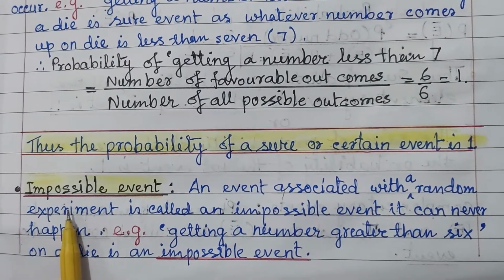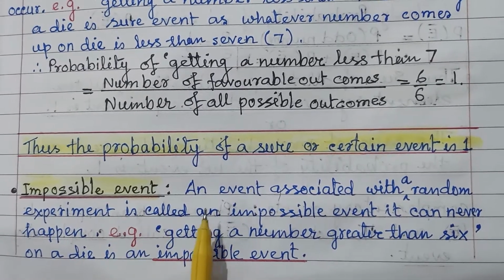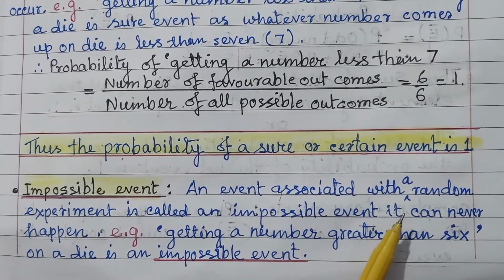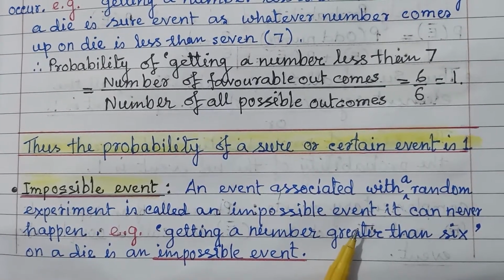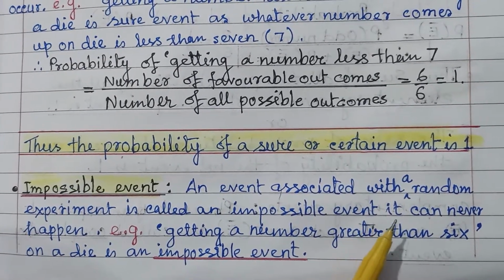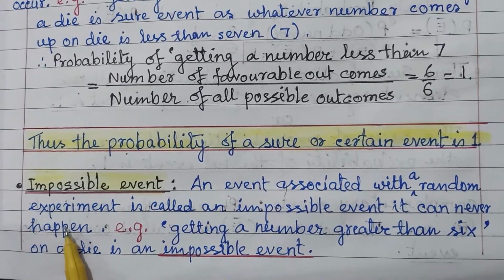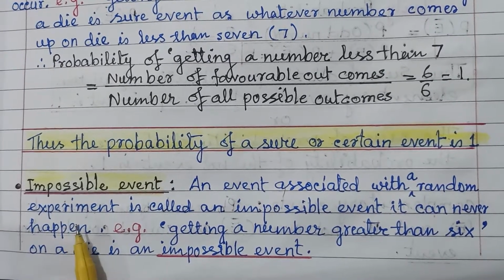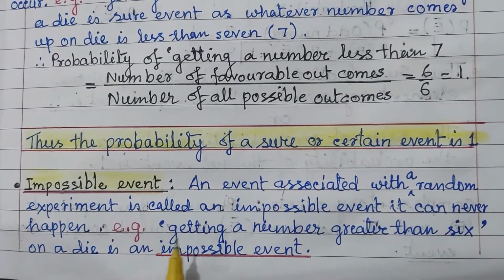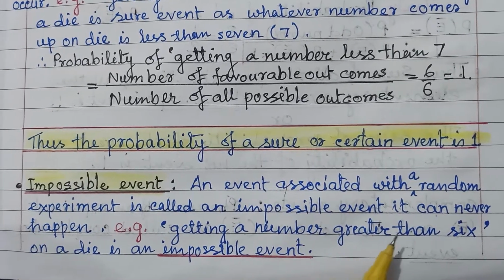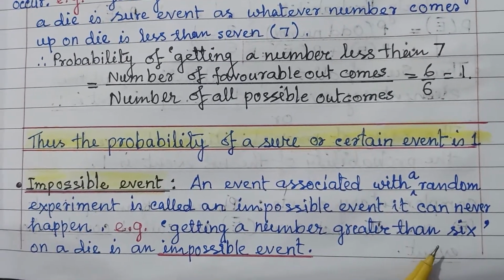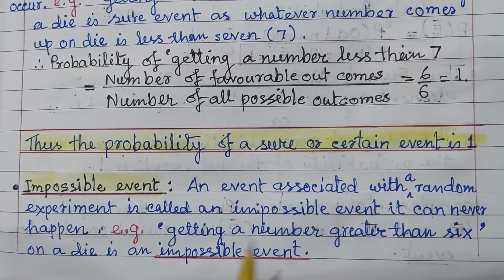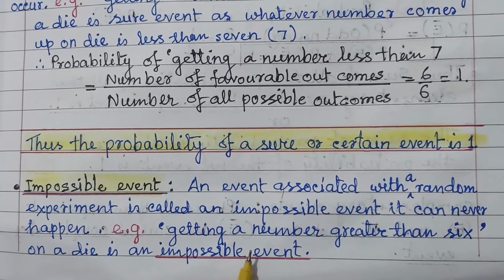Now, the next point is the impossible event. An event associated with a random experiment that can never happen is called an impossible event. For example, getting a number greater than 6 on a die. Is it possible? There is no number greater than 6 on a die, so it is an impossible event.